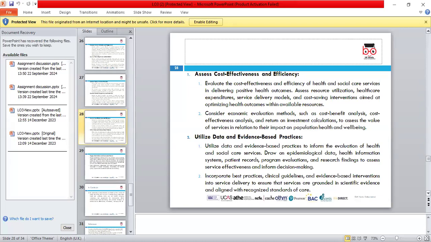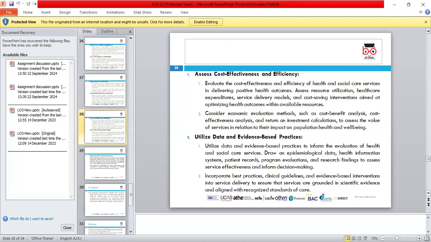Consider economic impact methods, such as cost benefit analysis, cost effectiveness analysis, and return on investment calculations to assess the value of service in relation to their impact on population health and well-being.